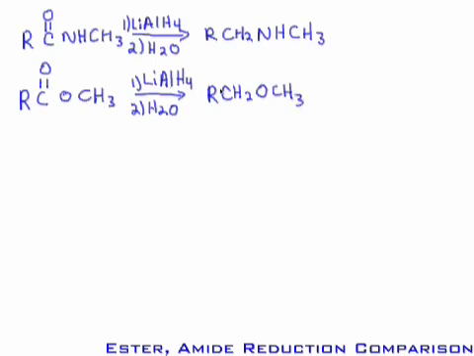This would be proceeding the same way. In fact, let's draw that molecule in a different color. What would form if I did the same thing that an amide does? But if you recall, this type of reduction in esters does not produce this at all.